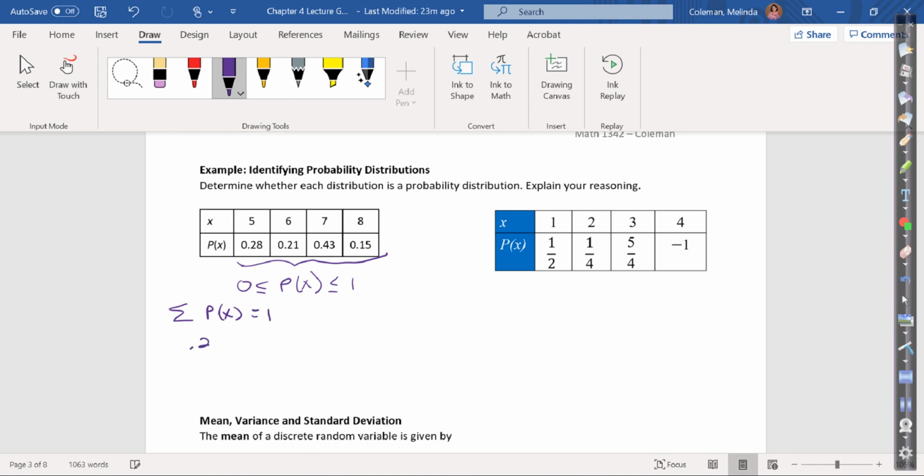So we would have 0.28 plus 0.21 plus 0.43 plus 0.15. If we add all of those up, we find out that this is equal to 1.07. So this is not a probability distribution.